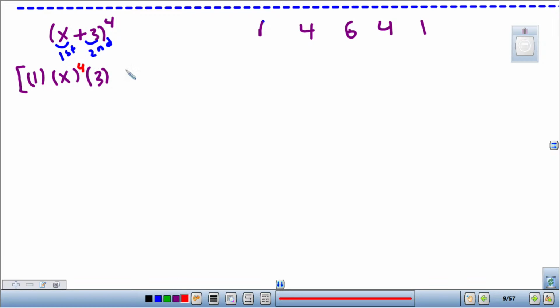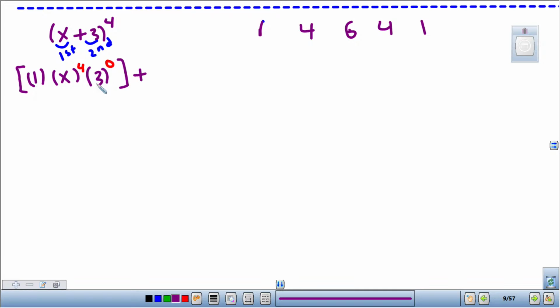Well, lowest possible is not 1, because if you put 1, you're going to end up with 5, and 5 is much more than 4. So the lowest possible is 0 here. Okay, that's the first term.